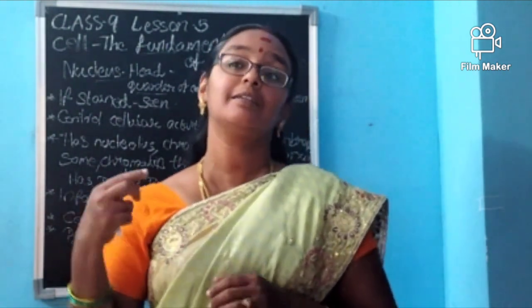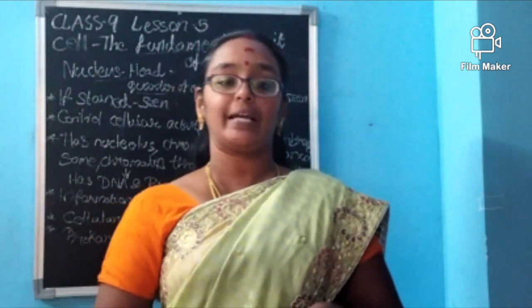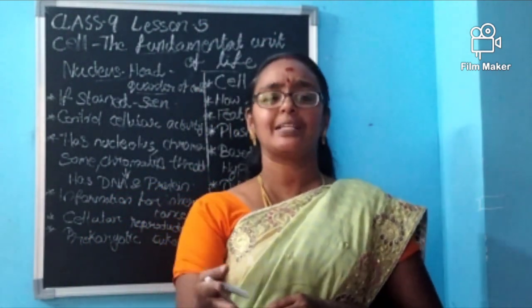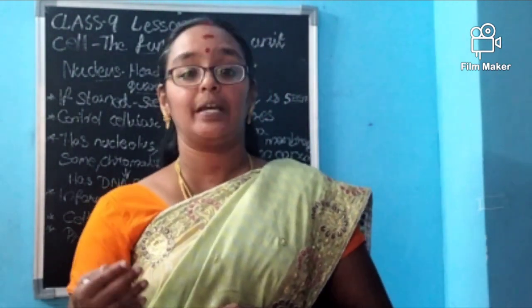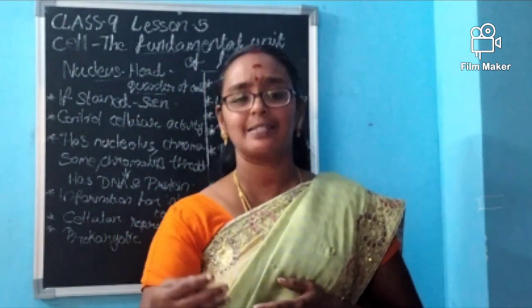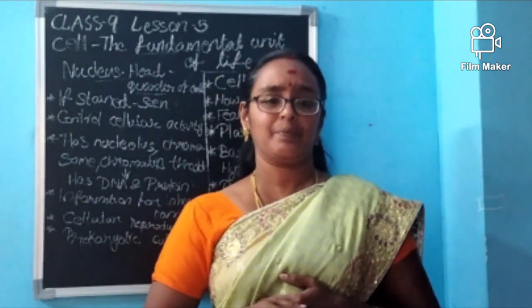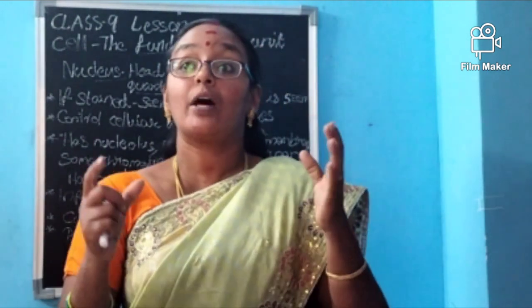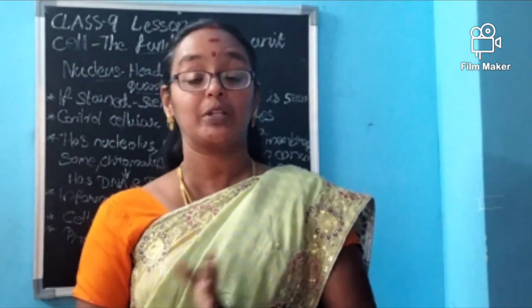All these are the differences between prokaryotic and eukaryotic cells. Examples of eukaryotic cells are our human beings, and not only that, plant cells too. Multicellular organisms are all examples of the eukaryotic cell.